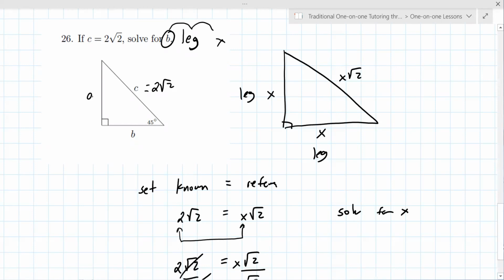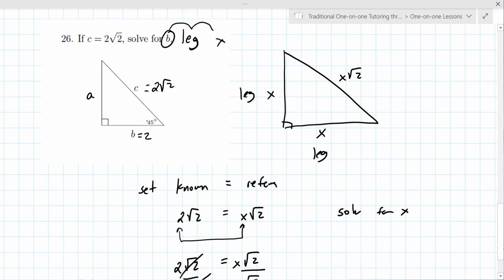It's not written here, but what is a? What is the value of a over here? It's equal to b. And what is b equal to? What numerical value is it equal to?